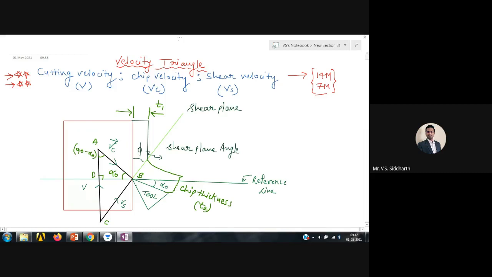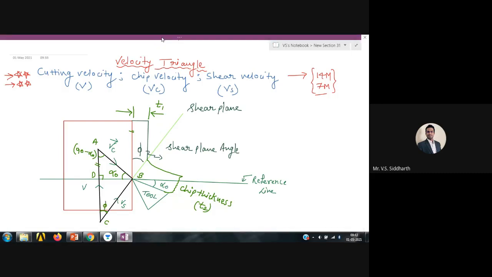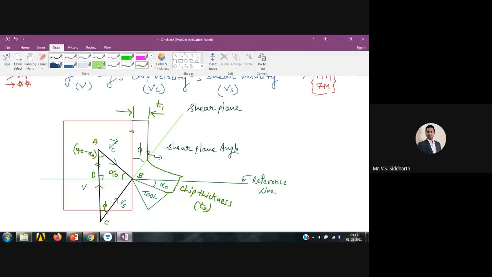Clear? Now, this AC line and this red line, both are parallel to each other, and this line is the same line. So if this angle is phi, this angle should also be phi. Did you get what I said?